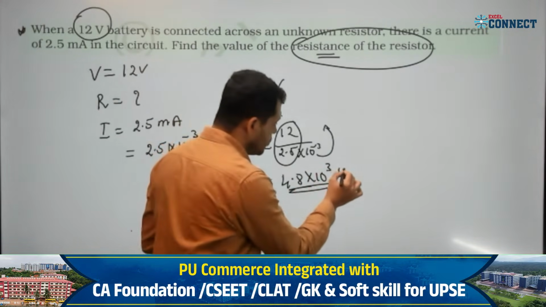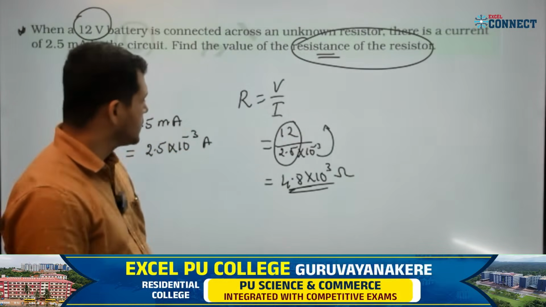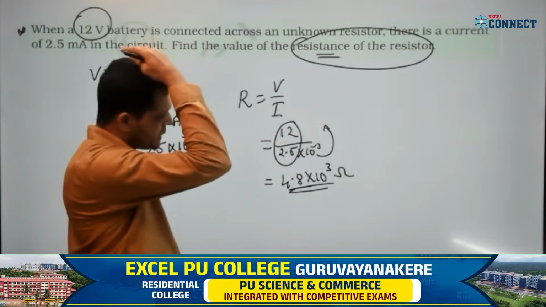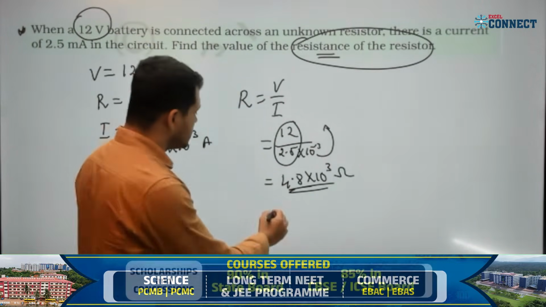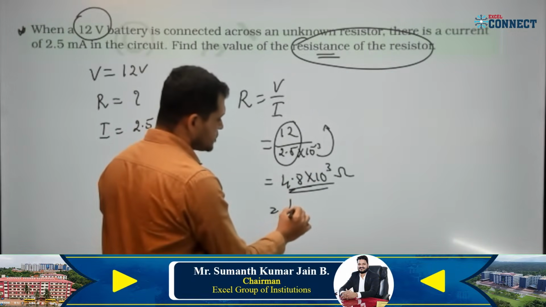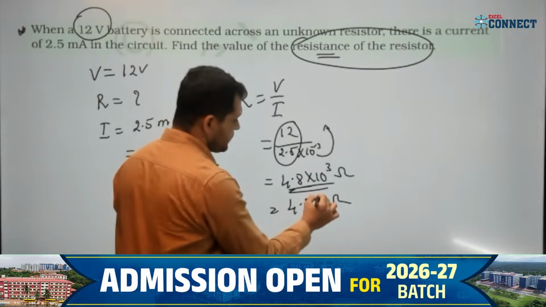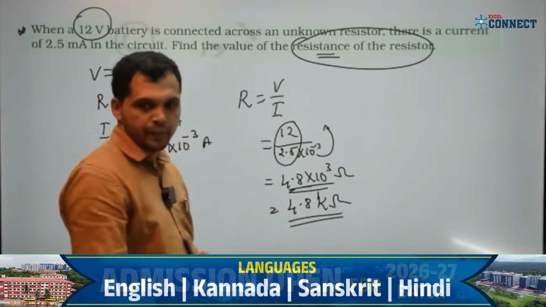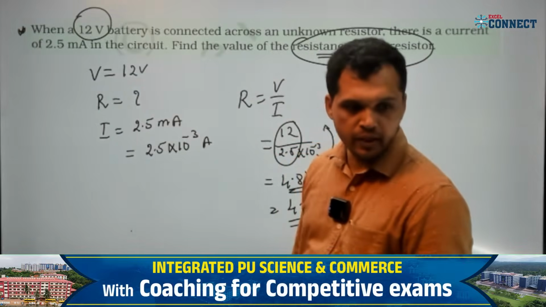This much ohm is the resistance. Is it clear? 4.8 into 10 power plus 3 ohm resistance, or 4.8 kilo ohm, since kilo is 10 power plus 3. Correct? Yes, good. Someone answered very well.